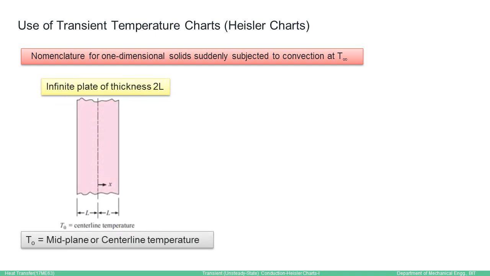For the first case of an infinite plate of thickness 2L, half the thickness is taken as L. There is a central line about which the plate is symmetric on either side. X is the direction from the center line, and T naught is the center line temperature, also called the mid plane temperature for an infinite plate of thickness 2L.